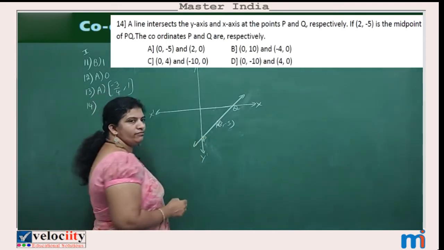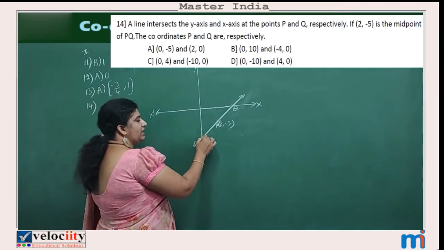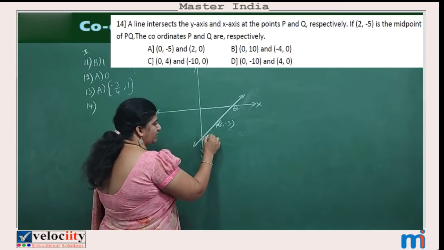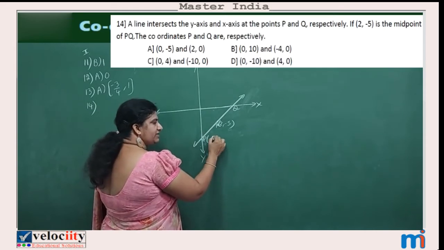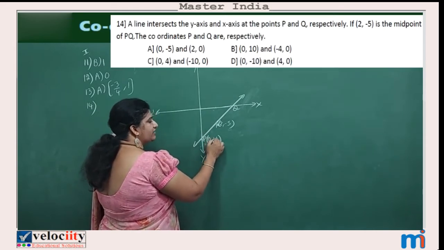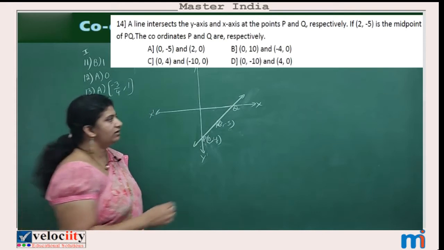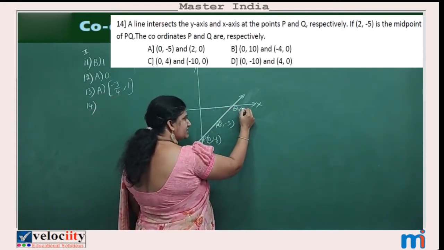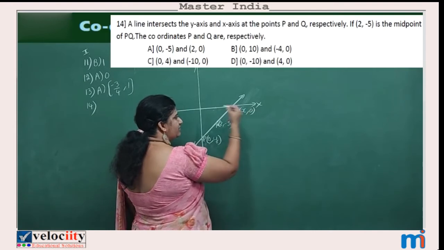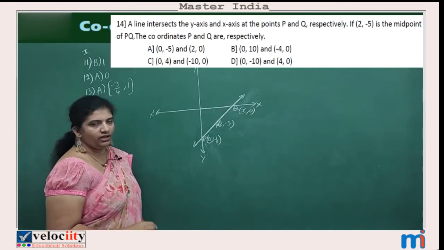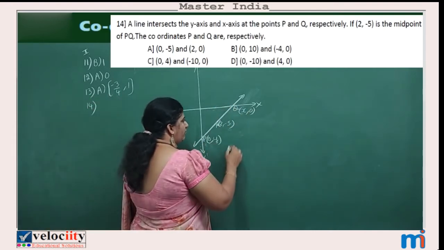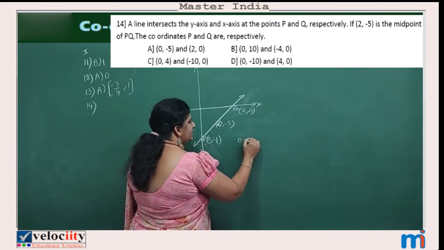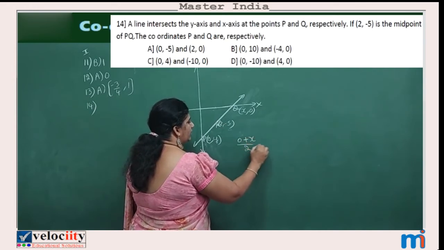What is the coordinate of P here? P is lying on y-axis. That means y will be having some value and x value is 0, 0 comma y. Similarly, Q coordinate. X is having some value and y value will be 0. Okay. Now apply the midpoint formula for these two. 0 plus x by 2 comma.